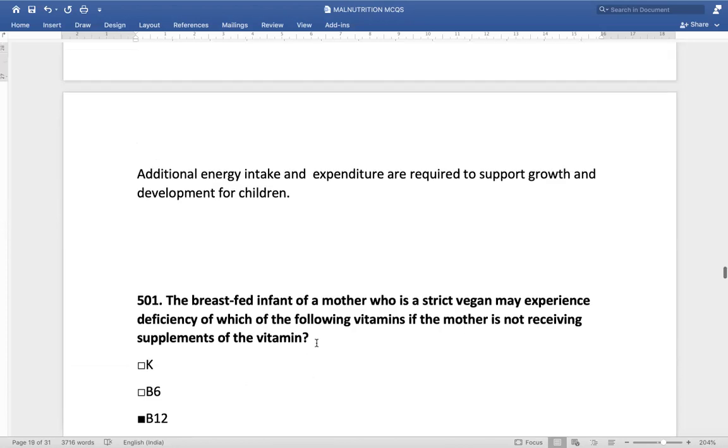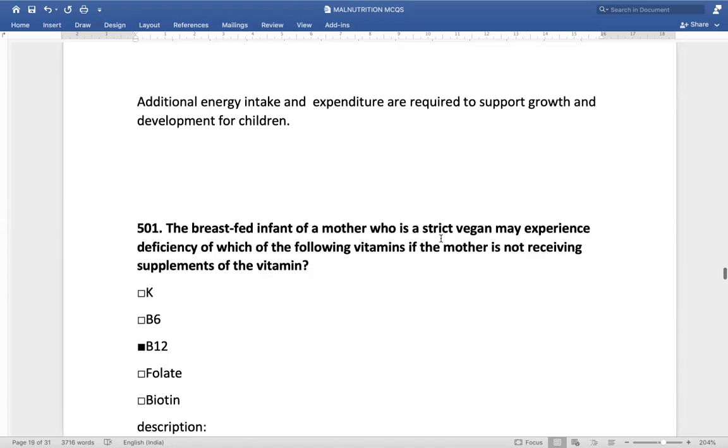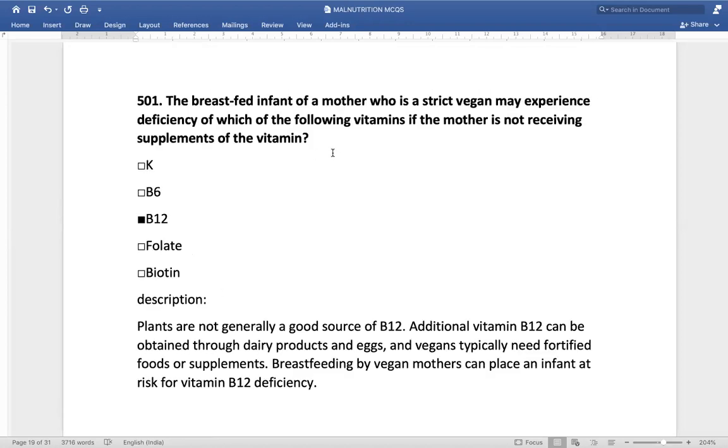Okay. So a breastfed infant of a mother who is on a strict vegan diet may experience the deficiency of which of the following vitamins if the mother is not receiving supplements of the vitamin. So if the mother is strictly following a vegetarian diet, which deficiency will the child suffer from? Whether it is folate, biotin, B12, B6, K. So answer is B12.